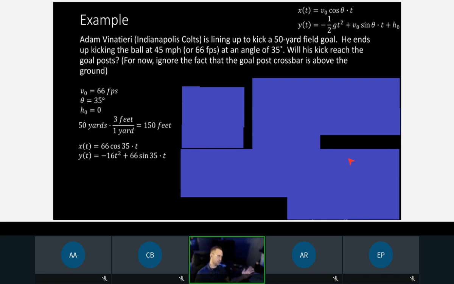So there's kind of a hint. And here's another hint. You want to use one of the equations for part one and then use the other equation for part two. So with that said, what do you think? Find t using x. All right, expand. Caitlin.